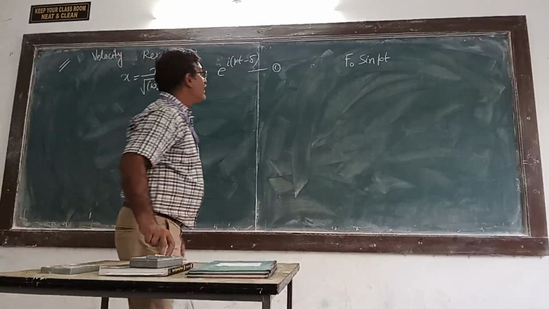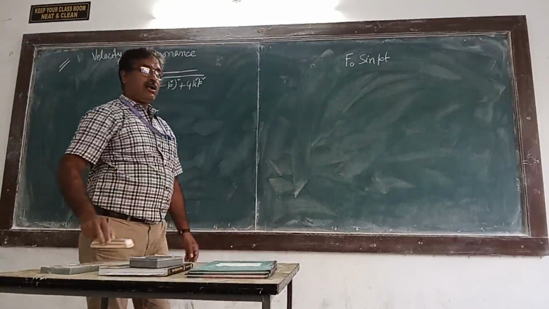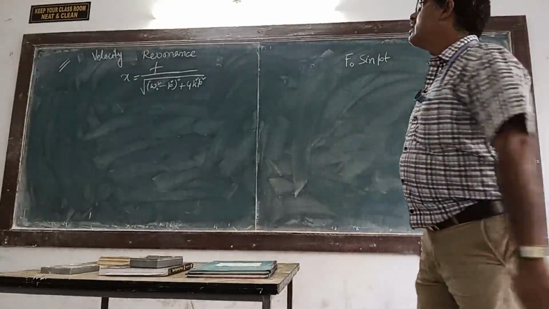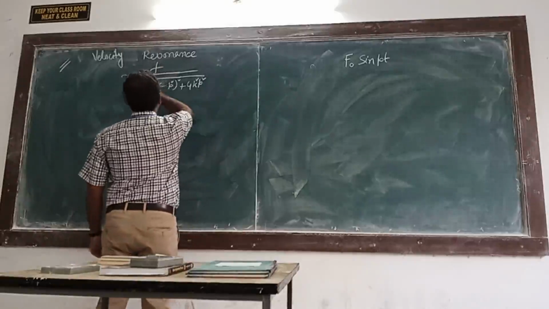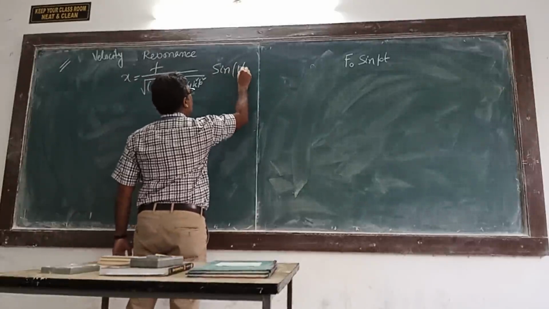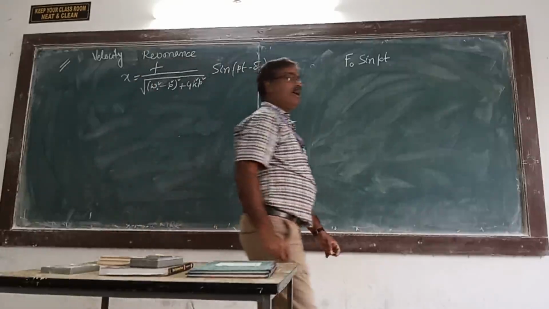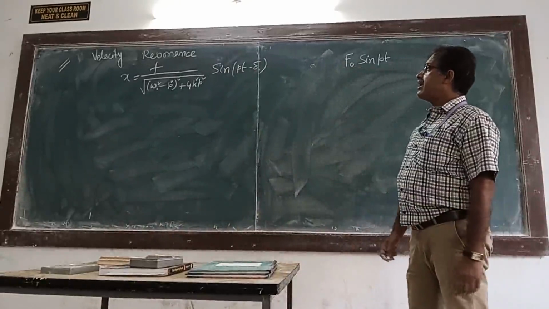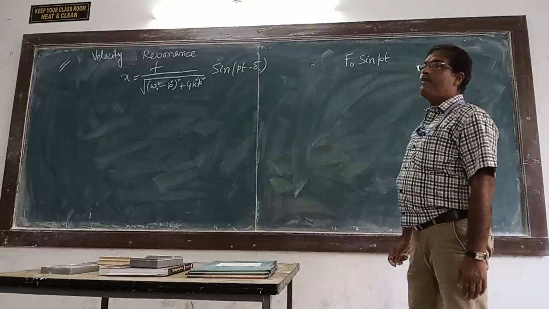Then the displacement of the forced vibration is x equals F by root over omega naught square minus P square whole square plus 4k square P square, times sin Pt minus delta.